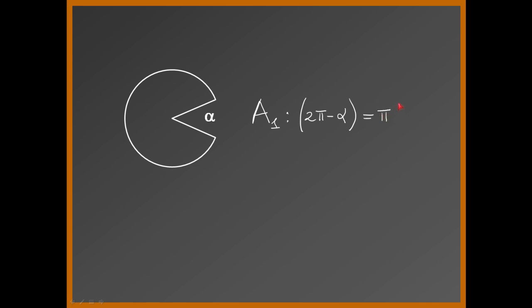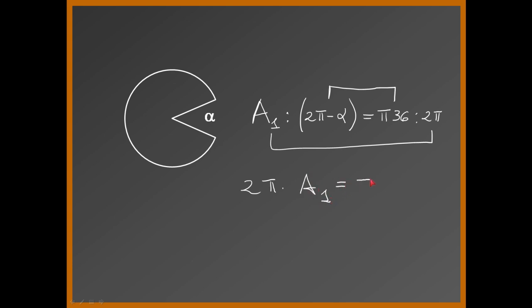times the radius squared, in our case 36, is to 2 pi. Multiplying the corresponding terms, we obtain that 2 pi times A1 is equal to pi times 36 times 2 pi minus alpha.